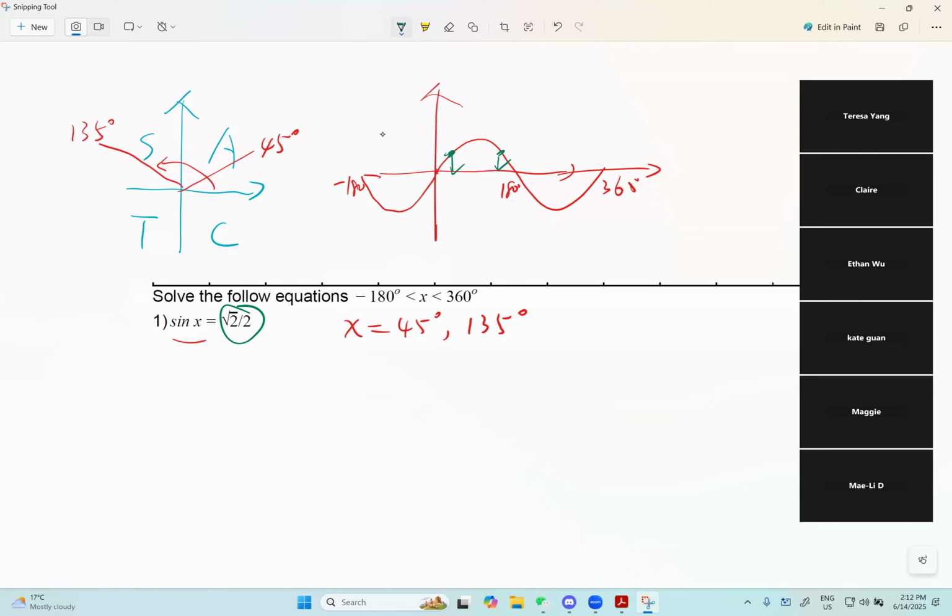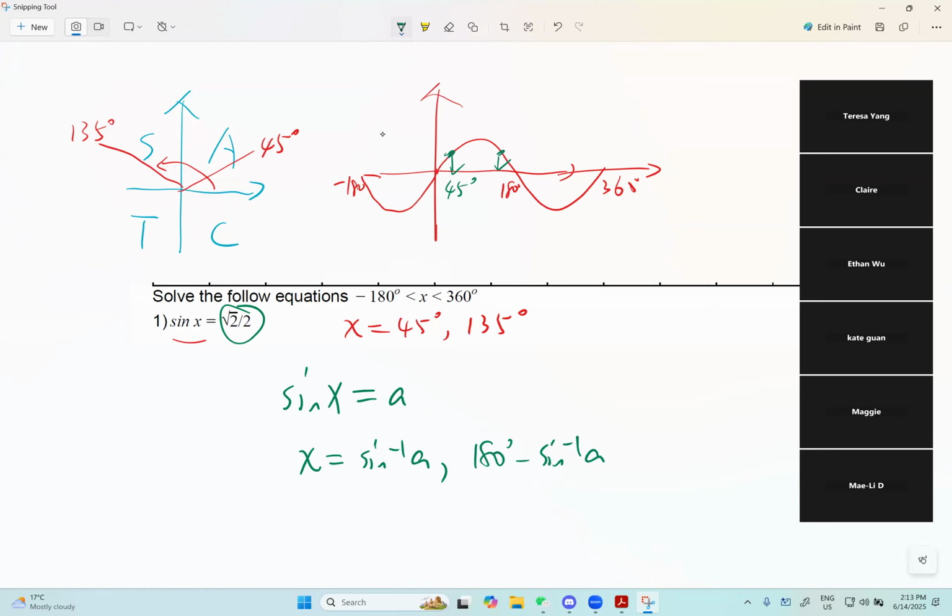If this is 45, the other one, 180 minus 45. Or we can memorize the formula. If sine x equals a, x equals sine inverse a, or 180 minus sine inverse a.